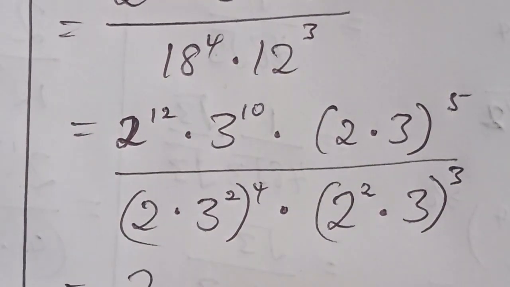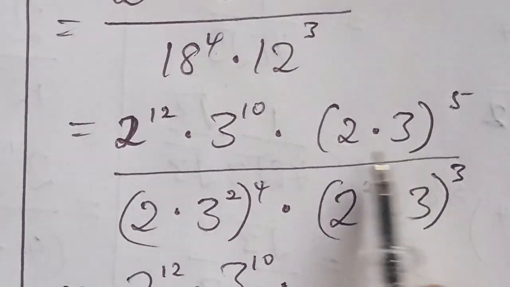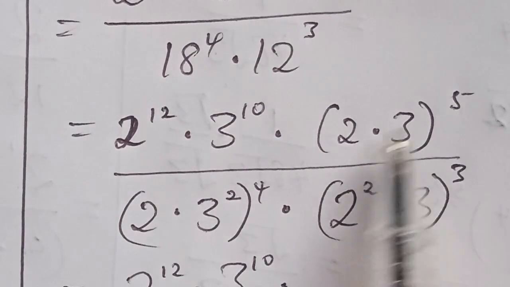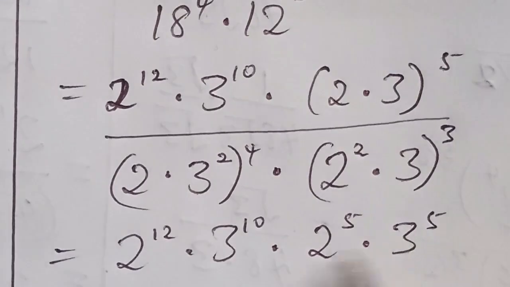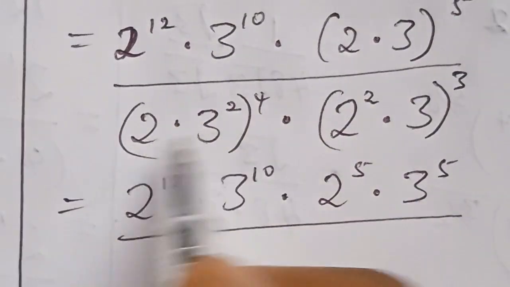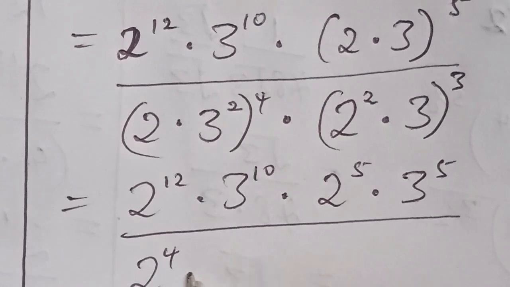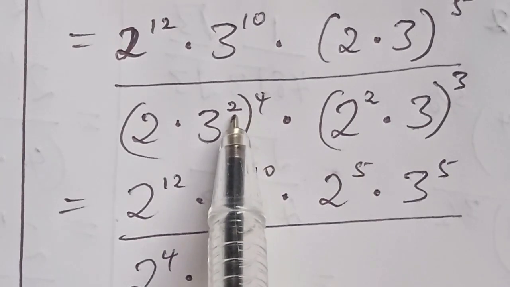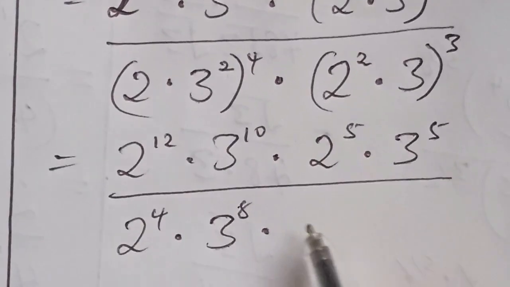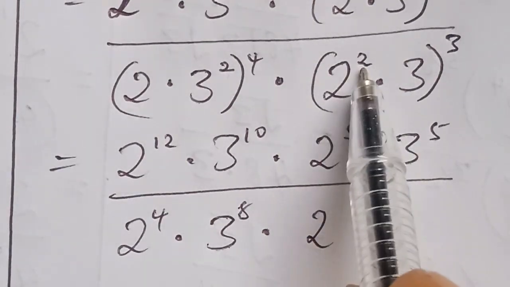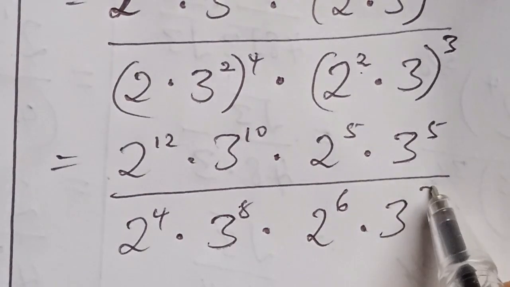So this will give us 2 to the power of 12 multiplied by 3 to the power of 10 multiplied by, so this exponent will be multiplied with the bases in the bracket, 2 to the power of 5 multiplied by 3 to the power of 5, everything over, from the denominator, 2 to the power of 4 multiplied by 3 to the power of 8, then multiplied by 2 to the power of 6 multiplied by 3 to the power of 3.